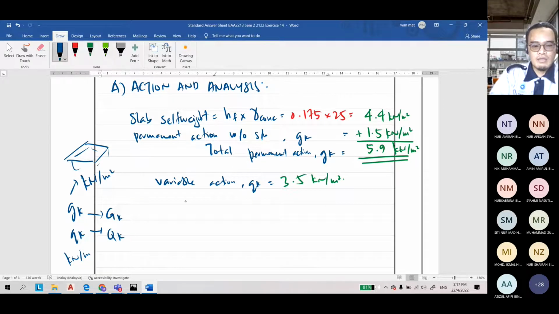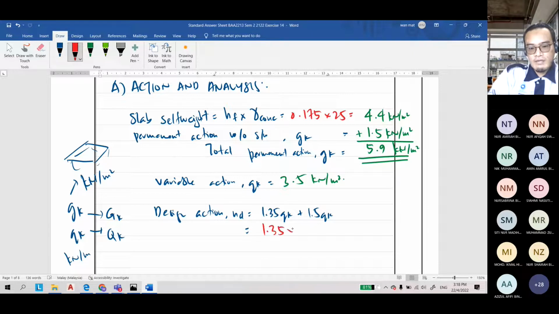And then we can determine the design action. nd is equal to 1.35 GK plus 1.5 QK, which is 1.35 times 5.9 plus 1.5 times 3.5.